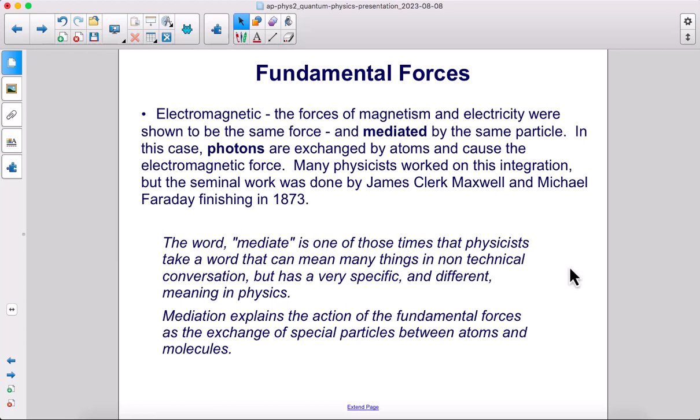The word mediate is one of those times that physicists take a word that can mean many things in non-technical conversation, but has a very specific and different meaning in physics. Mediation explains the action of the fundamental forces as the exchange of special particles between atoms and molecules.